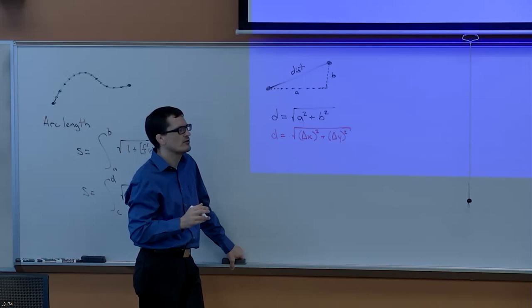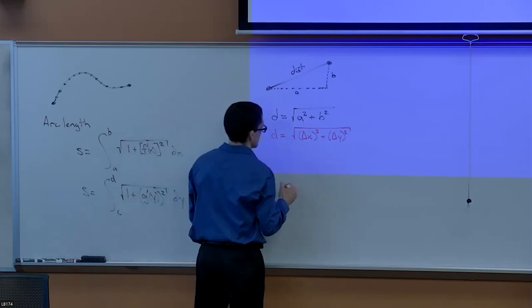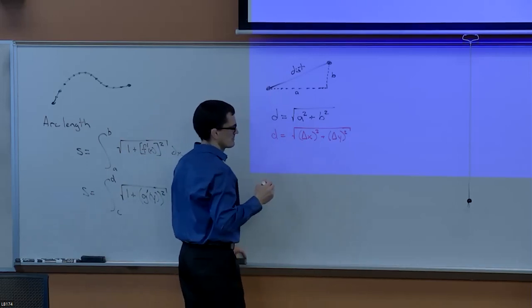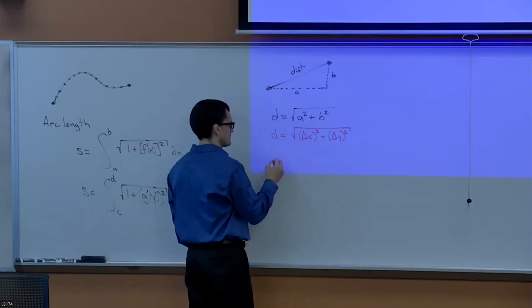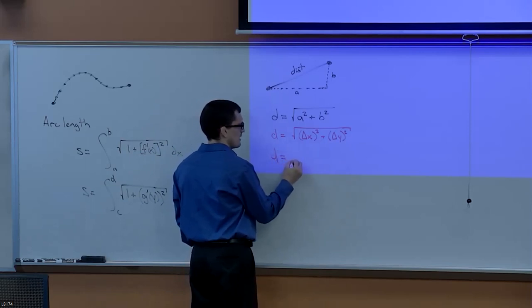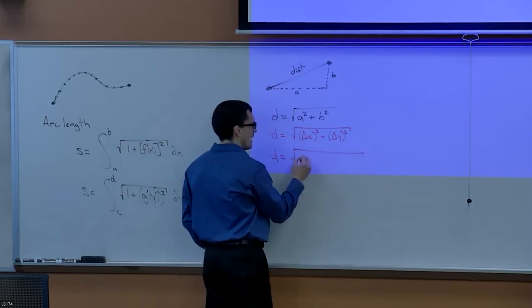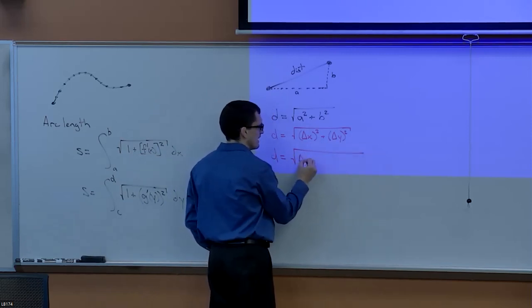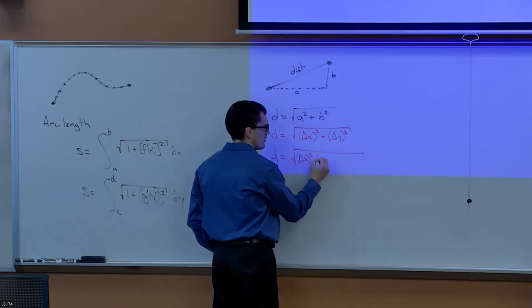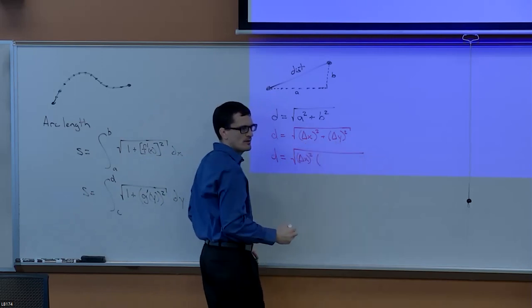Now, what we're going to do is the following. My distance formula is going to be rewritten this way. I'm going to essentially factor out delta x squared from both this term and from this term.